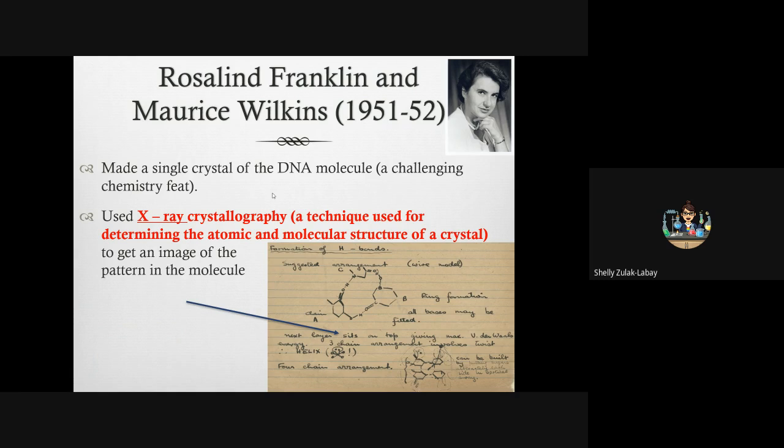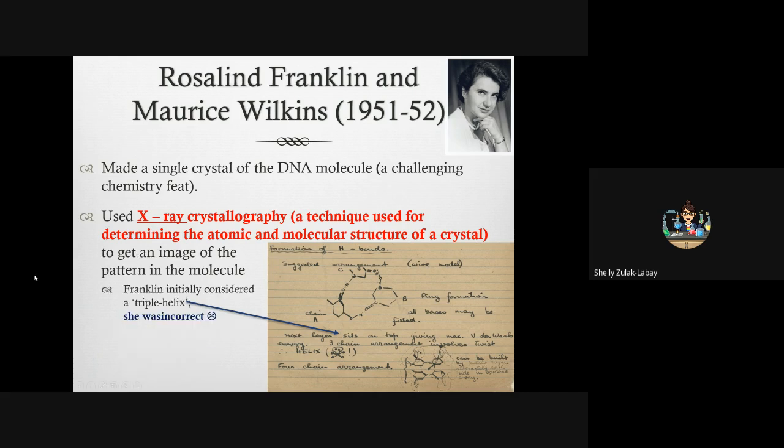This is a technique that's used to determine the atomic or molecular structure of a crystal in order to get an image of the pattern of how the X-rays bounce off of the crystallized sample. She was able to work backwards and figure out, based on what she saw in the pattern, what is the shape of the molecule that would give that particular pattern.